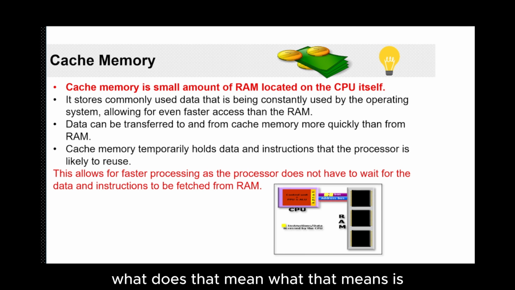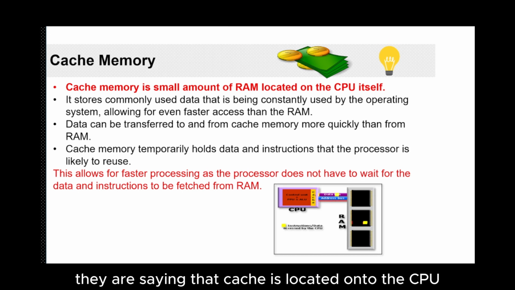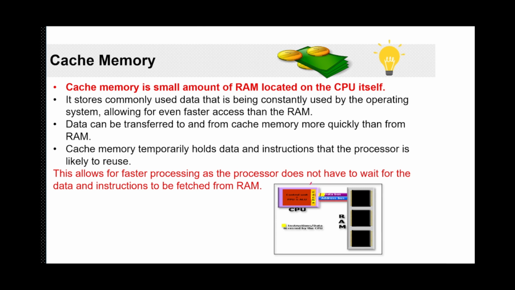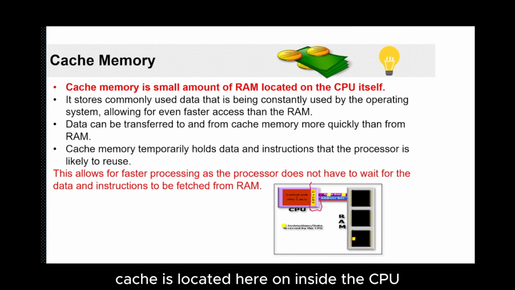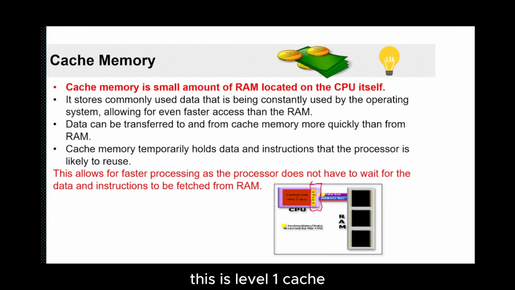What does that mean? What that means is they are saying that cache is located on the CPU, as you can see here. Cache is located here inside the CPU. This is level 1 cache.